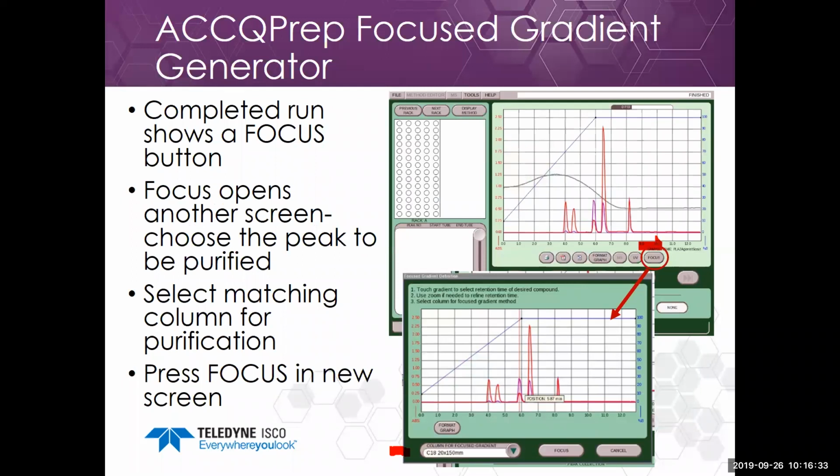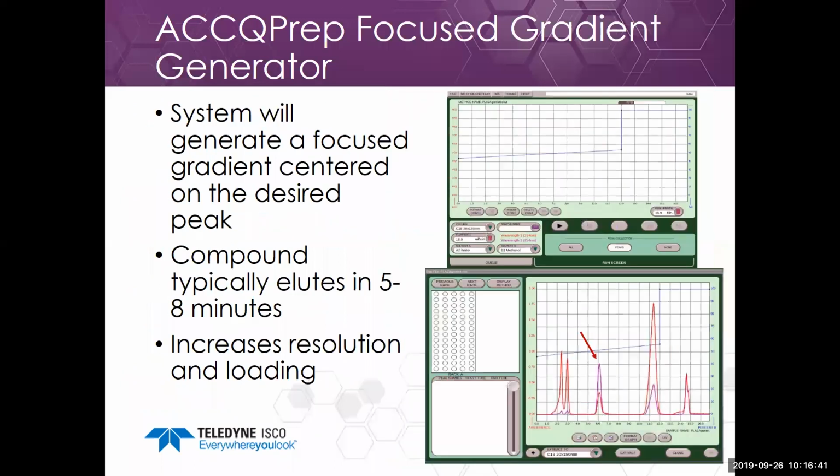In this case, this little peak over here is the desired compound. You hit the focus button over here. It will then generate a flat focus gradient centered upon the elution for the desired peak. The compound typically elutes in 5 to 8 minutes, and using such a flat focus gradient improves the resolution and the loading.